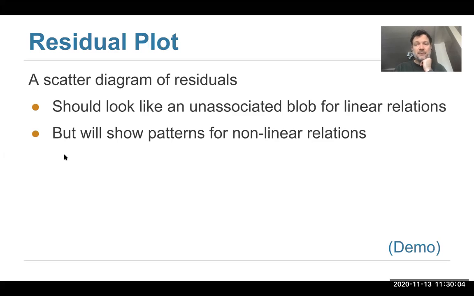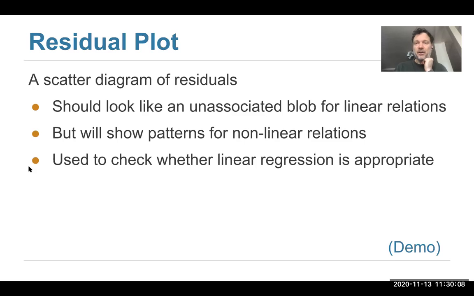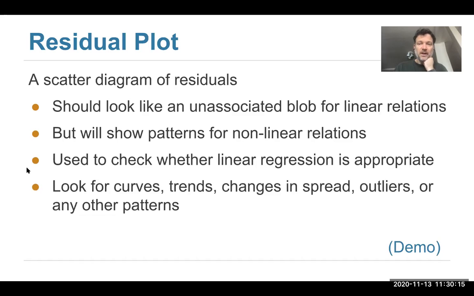If there's a nonlinear relation, you'll see some pattern there typically. And you can use this to check whether your use of linear regression was appropriate or whether there could be some warning signs. So look for curves, look for trends. If you see some outliers, look for that. If you see a change in spread, that there's a big spread on one side and a small spread on the other, kind of a cone shape, that's also a kind of a warning sign.